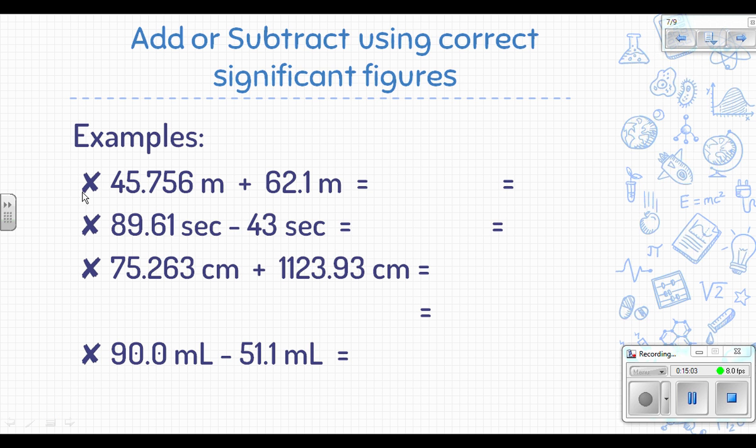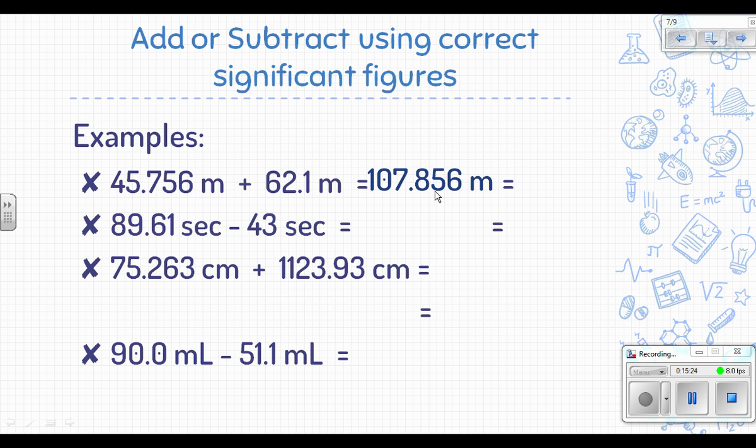All right. So when we're adding these two numbers, 45.756 and 62.1, we're looking for the fewest decimal places. This first number has 3 numbers after the decimal point. The second one only has 1. So when we do it in our calculator, we get 107.856. We get all these digits.